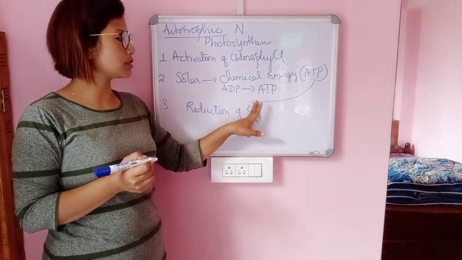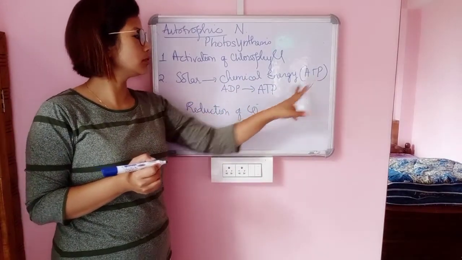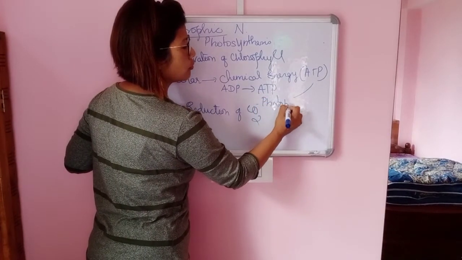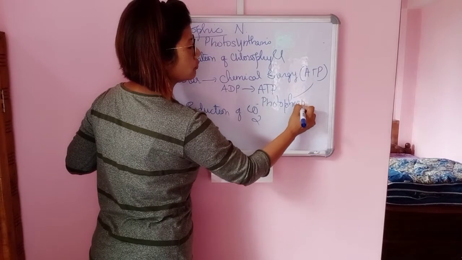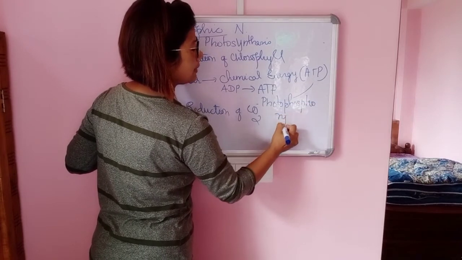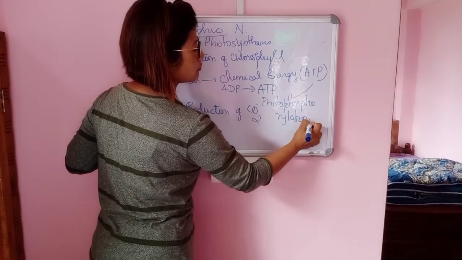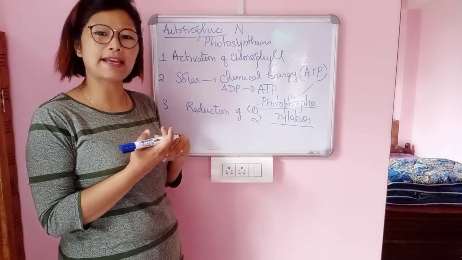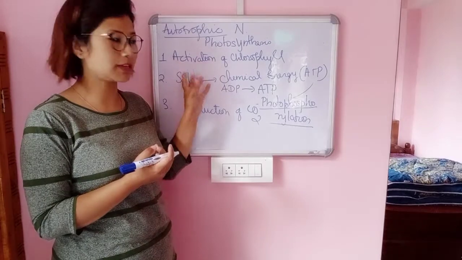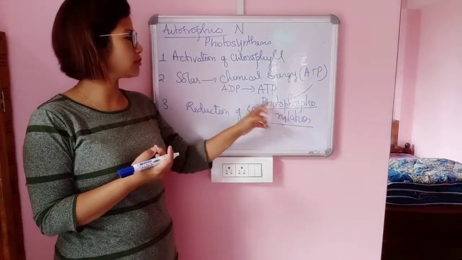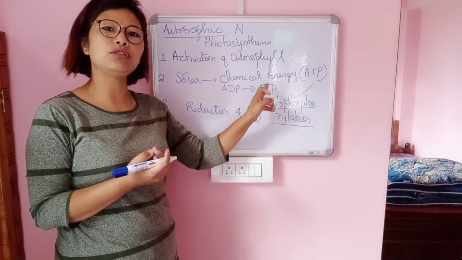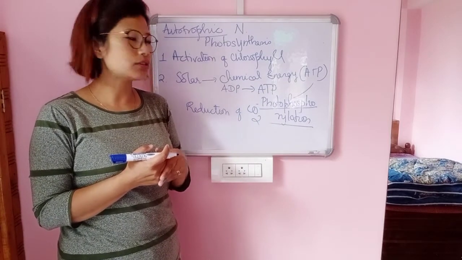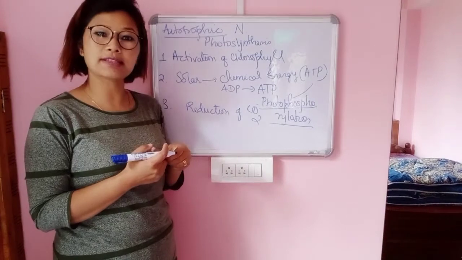So this process is called photophosphorylation. Remember this. Photophosphorylation means, photo means in the presence of sunlight. Phosphorylation means conversion of ADP into ATP is called phosphorylation. Okay, so that is what happens in the second step.